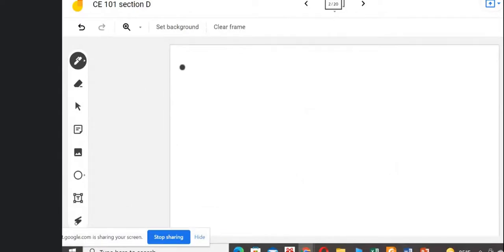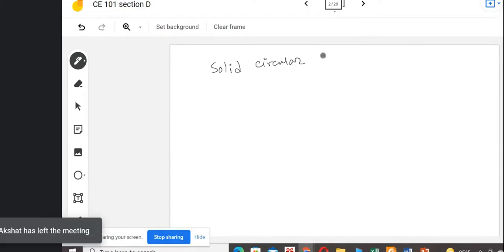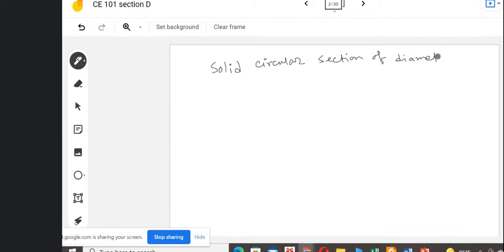So if we have a solid circular section of diameter D, what will be the polar modulus?